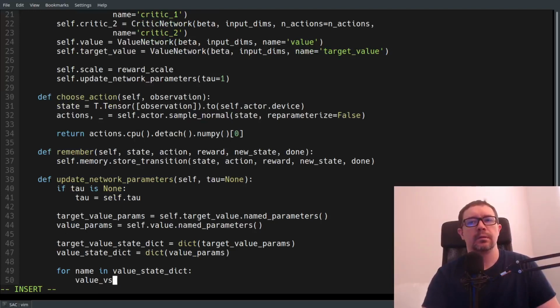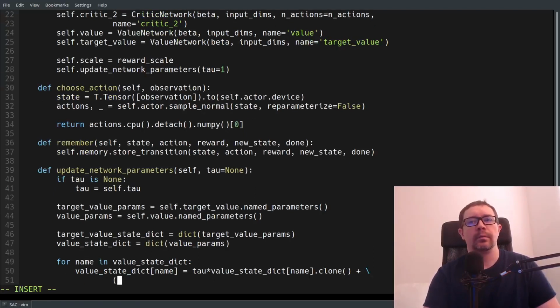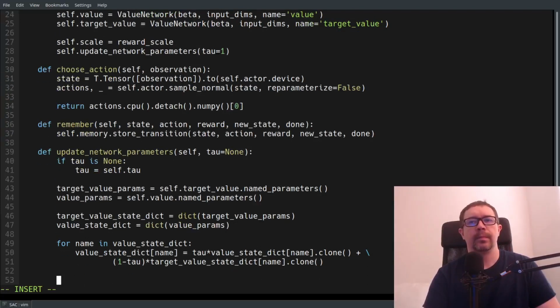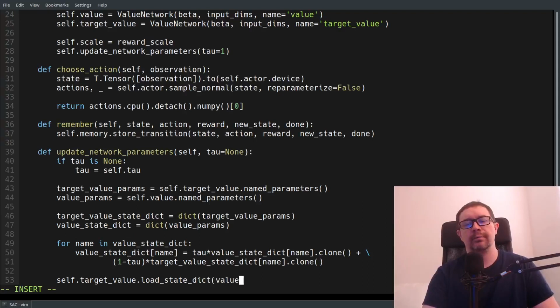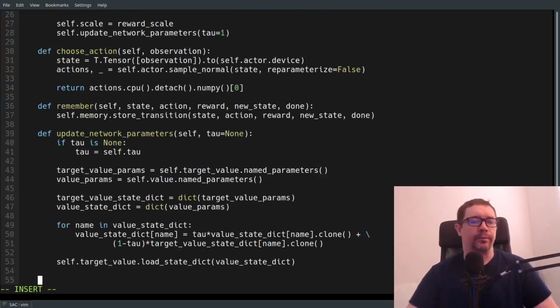We're going to set the parameter to tau multiplied by the state dictionary and 1 minus tau multiplied by target value state dictionary clone. And then we're going to load that dictionary, self.target value load state dictionary value state dictionary. Okay, so that is the function to perform the soft or hard update for the value network parameters.